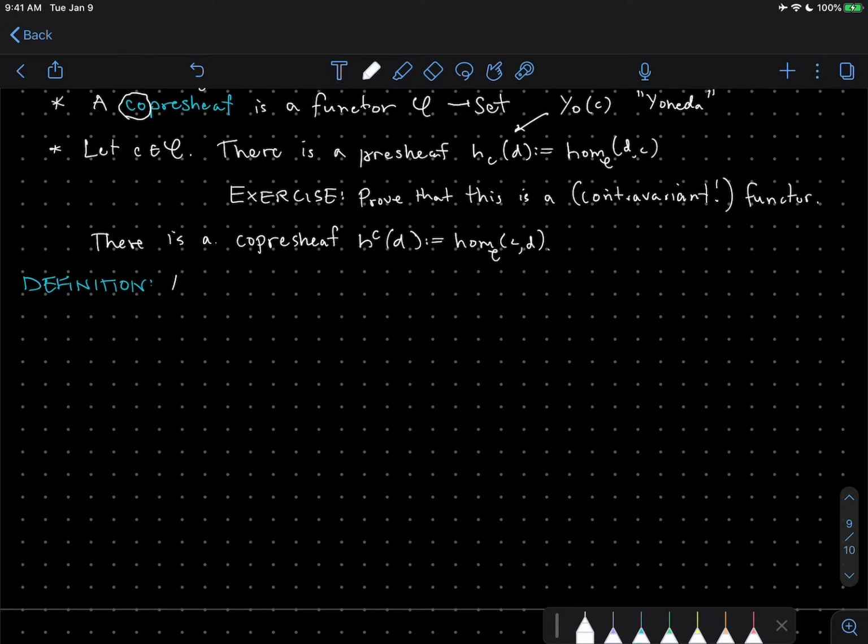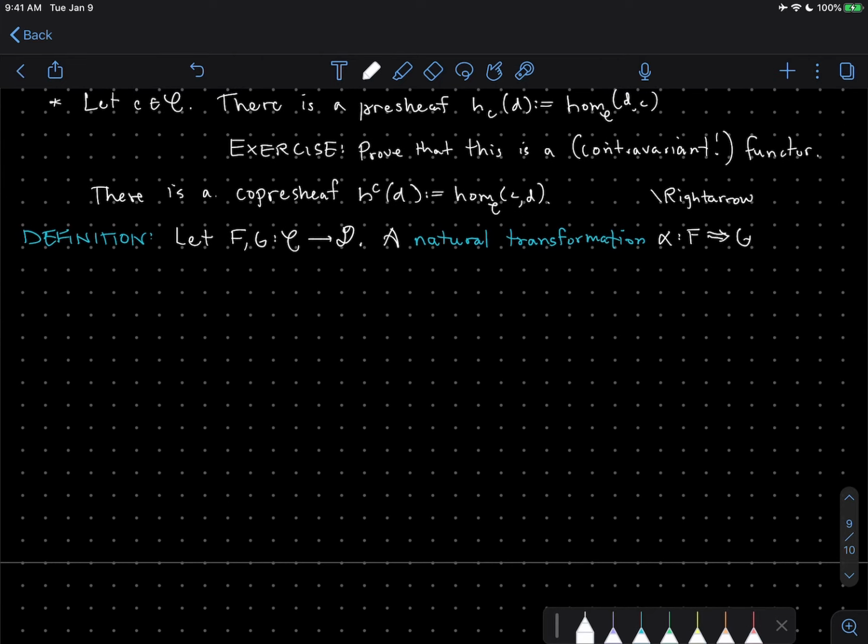So definition. Let's take two functors f and g from categories C to D. A natural transformation written alpha from f to g, but where the arrow here is a doubled arrow. The LaTeX command is \Rightarrow.